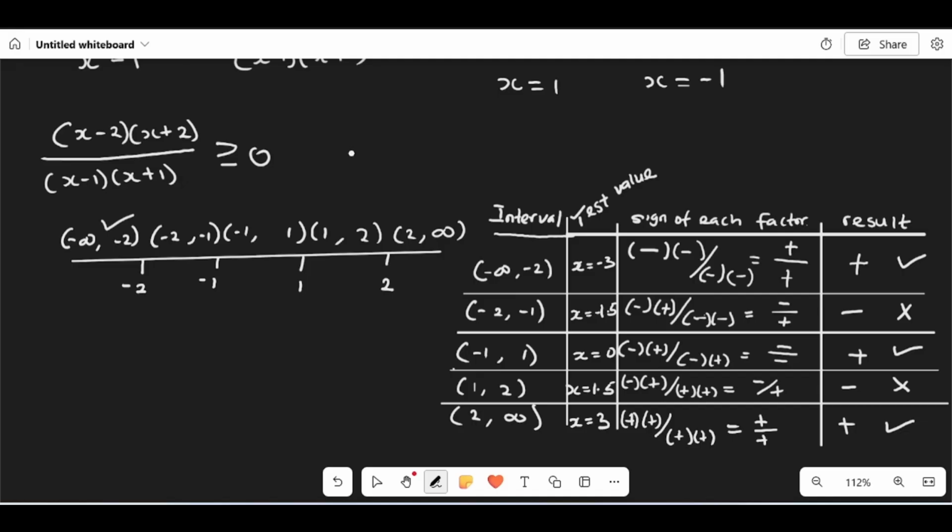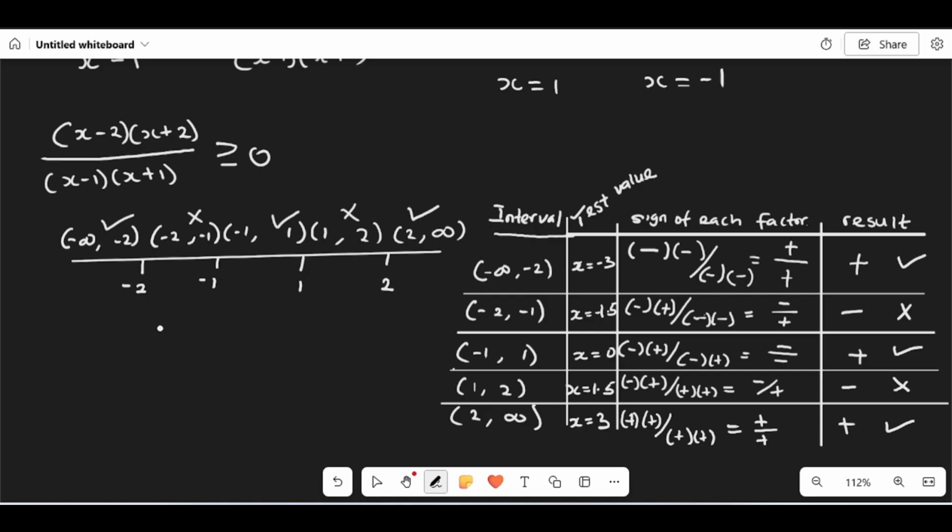Now let us locate the interval. Our first one, we have already marked it. This one is not inclusive, this one is inclusive, this one is not inclusive, this one is inclusive. Note that we must include the values that make the expression 0 when the numerator is 0, but we must exclude where the denominator is 0 because this will be undefined.